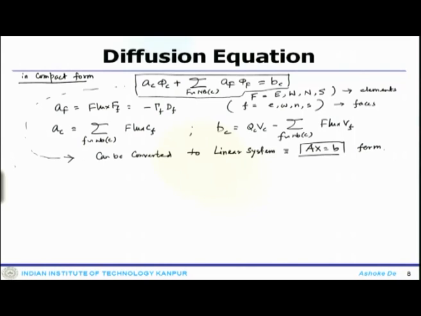Now, some notes or comments on this discretization.